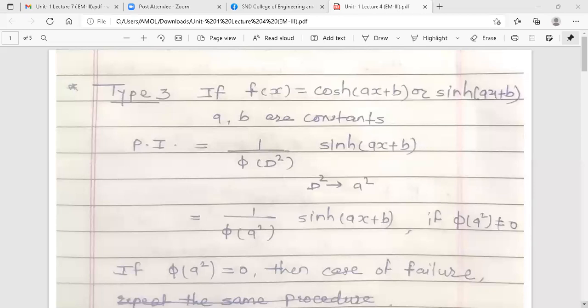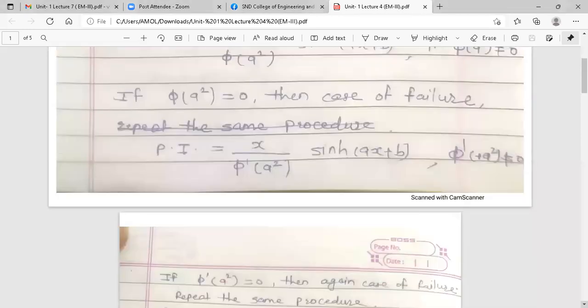And if it is the case of failure, then to get the PI, you will multiply the numerator by x and take the derivative of the denominator. The derivative of phi will be phi dash of D. And in that phi dash of D, you replace the terms of D square, and not the terms of D, by a square.